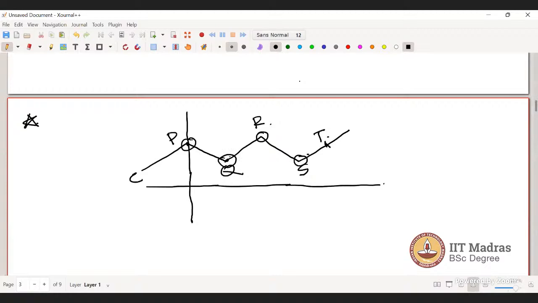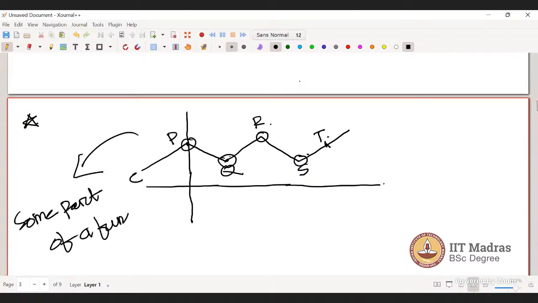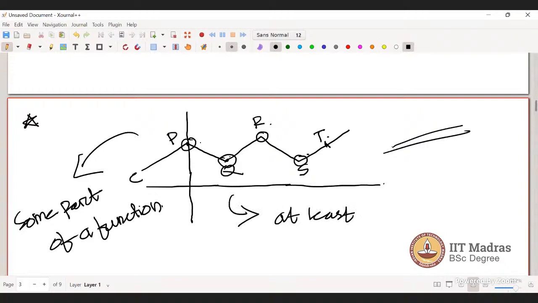So this picture basically tells you some part of a function. We don't know what is going on in the rest of the part of this function. So from this figure, I can tell you that I have at least 4 points where the function doesn't have a tangent.